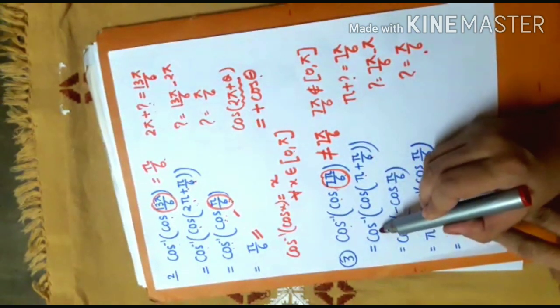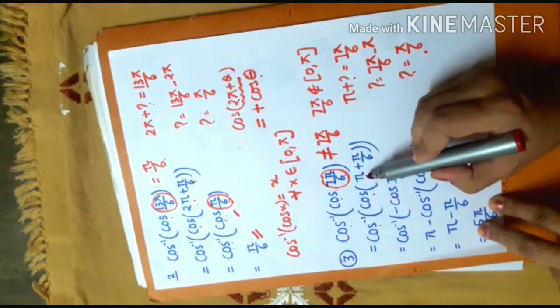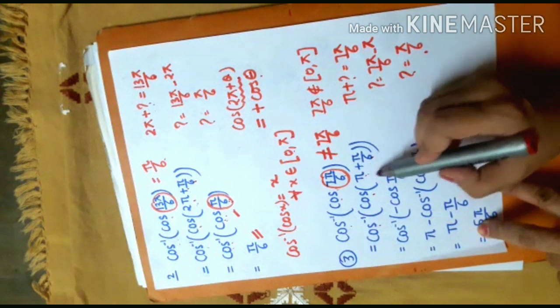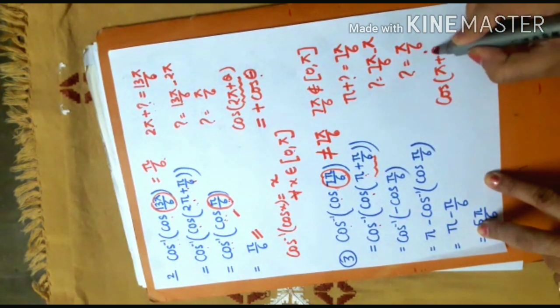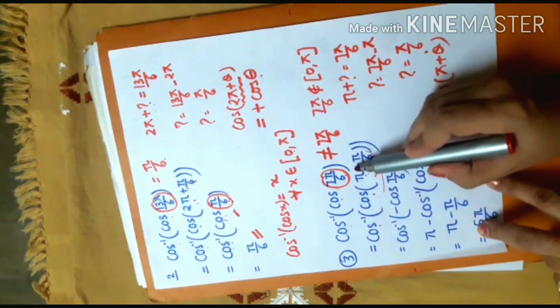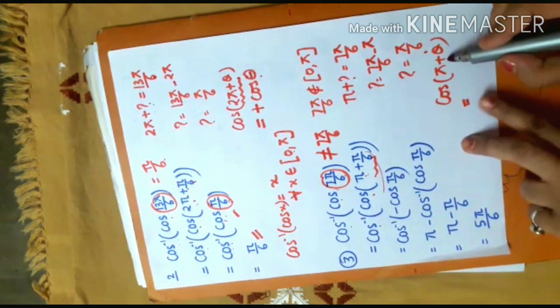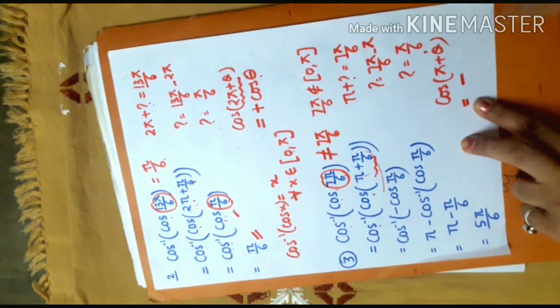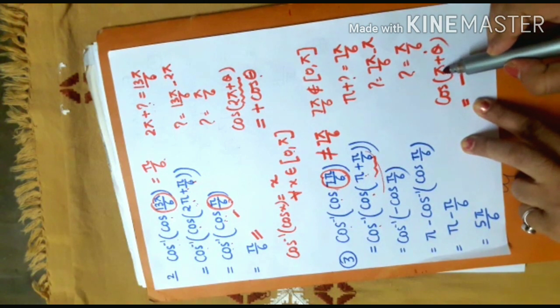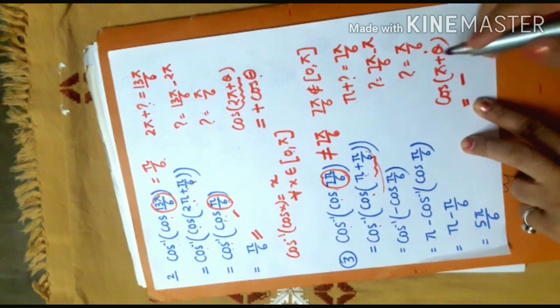So I'll get cos inverse cos of pi plus pi by 6. Now it is of the form cos of pi plus theta. Now cos of pi plus theta will lie in the third quadrant, and in the third quadrant cos is negative. And pi is an even multiple of pi by 2, so the T ratio will not change.